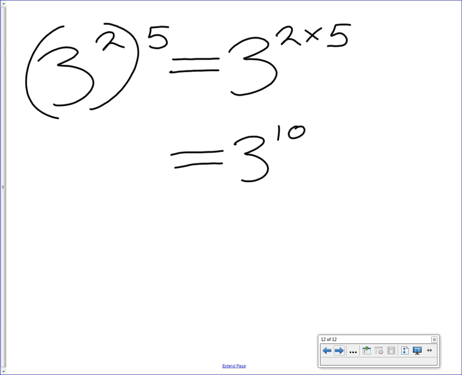Now, you can test this out on your calculator if you want to prove it to yourself, or work it out by hand, of course. So, remember, 3 to the power of 2 will be exactly the same as 9. It equals 9. So, you should be able to prove that 9 to the power of 5 equals 3 to the power of 10. Hopefully, that will satisfy you.